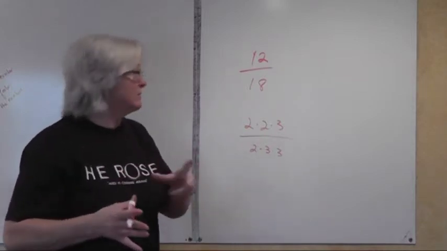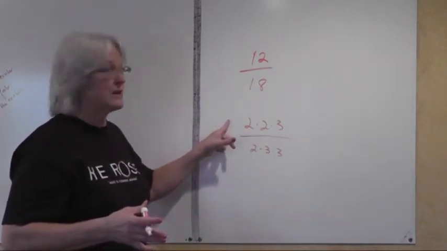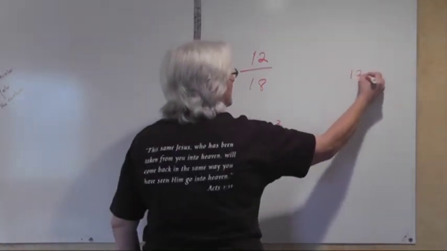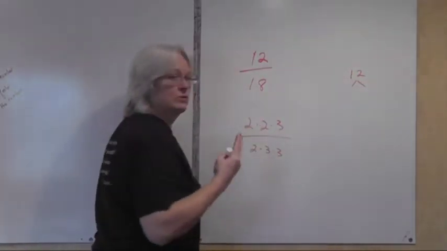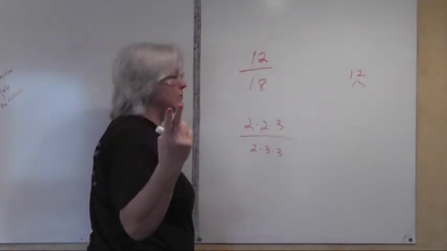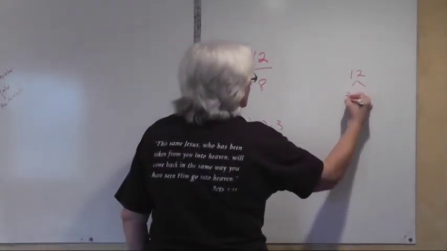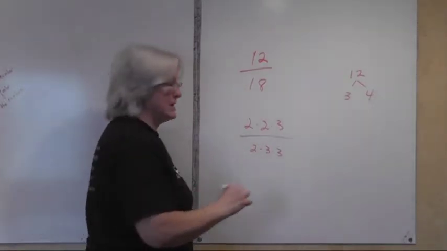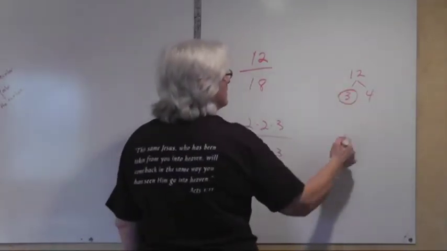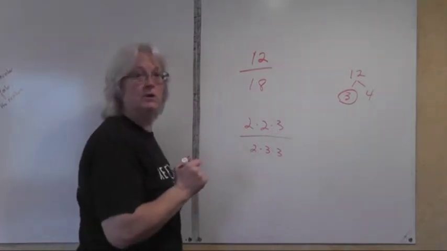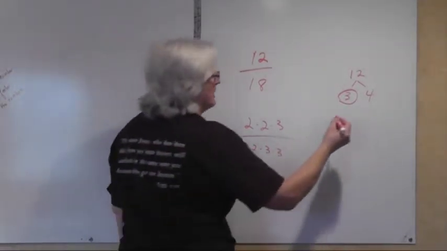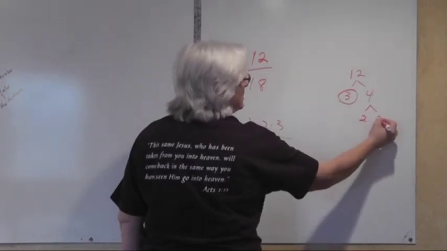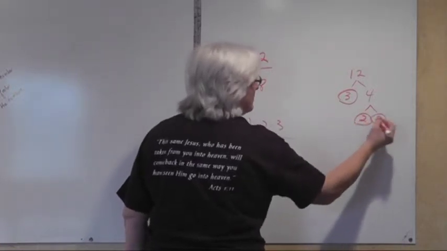How do you find out the prime factorization of a number? Well, you can use factor trees. 12. What are 2 factors that when you multiply them together you get 12? Well, you might say 3 and 4. Is 3 a prime number? Yes, it is, so you circle that. Is 4 a prime number? No. Well, how can I multiply that? What 2 numbers can I do? Well, that's 2 and 2. Both of these are prime.